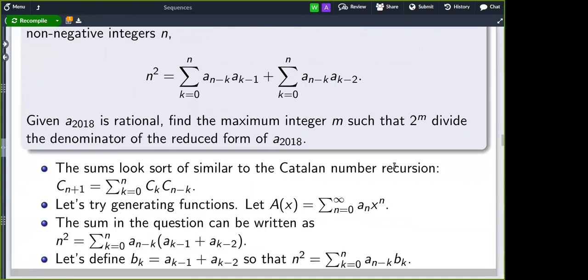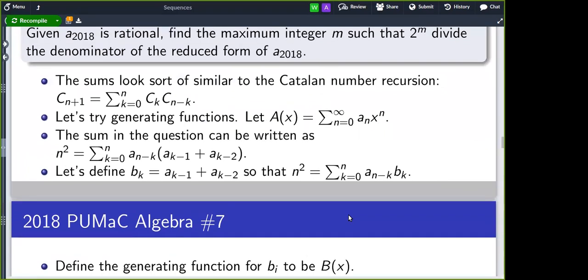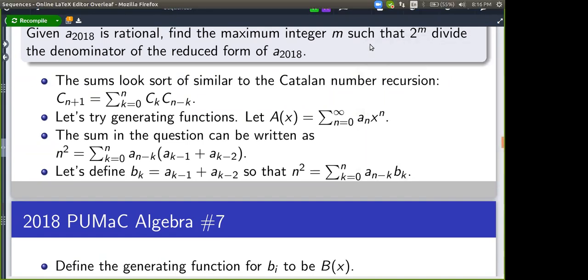After that, we can also define the generating function for the sequence b to be b of x. And so to get the terms in the sum on the previous page, like a n minus k times bk, does anyone have any ideas for what to do with these generating functions?